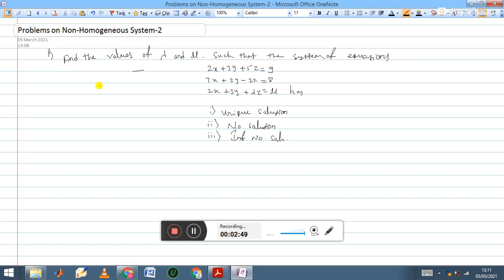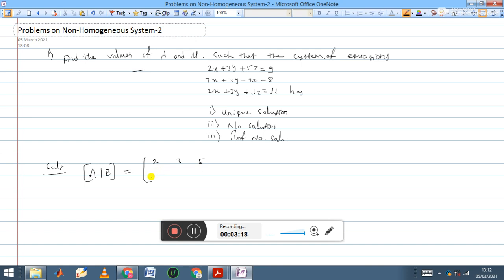Let us solve this problem in the usual method. Solution. Let us write the augmented matrix of this. First you write the coefficient matrix. Coefficients of the first equation: coefficient of x is 2, coefficient of y is 3, coefficient of z is 5.